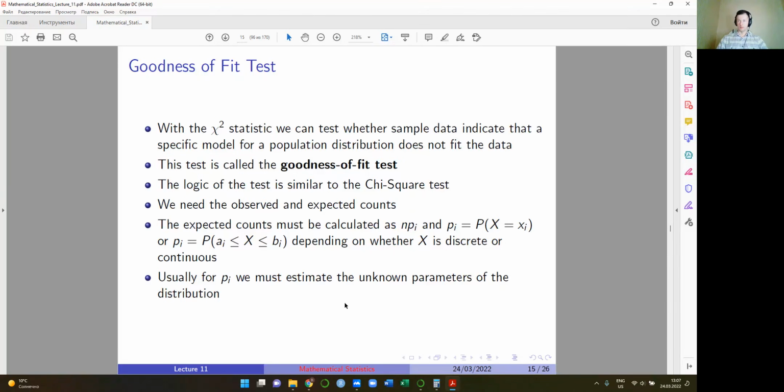So usually in this case, in order to get this p_i, we must estimate the unknown parameters of the distribution.